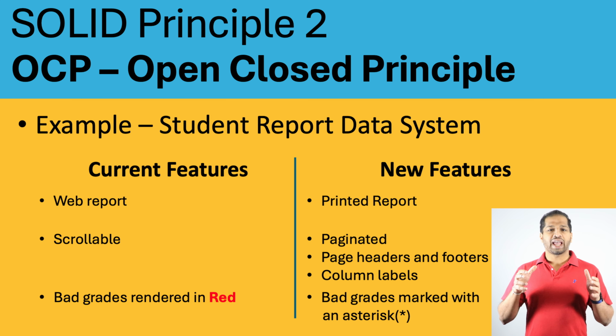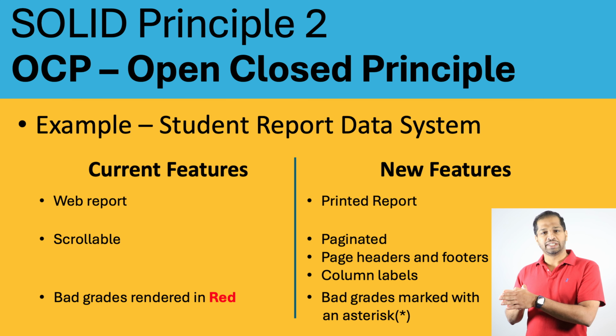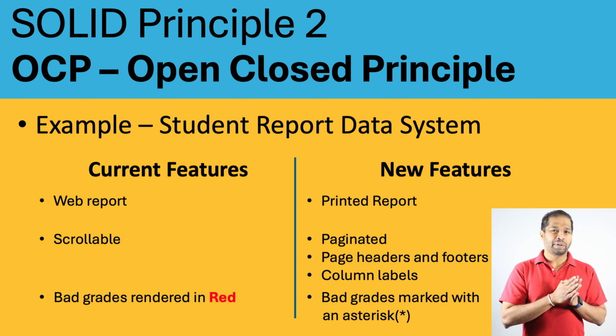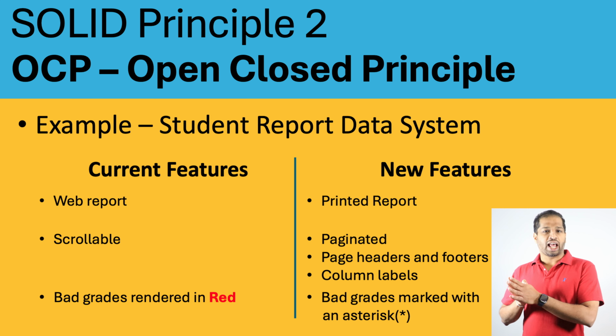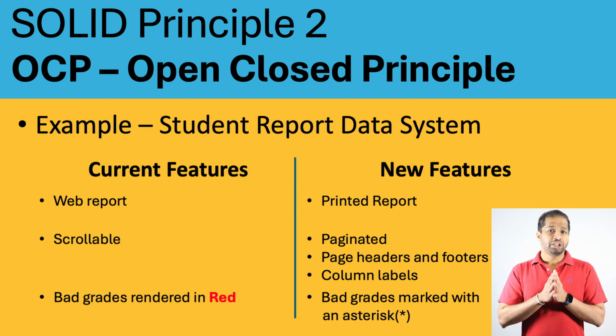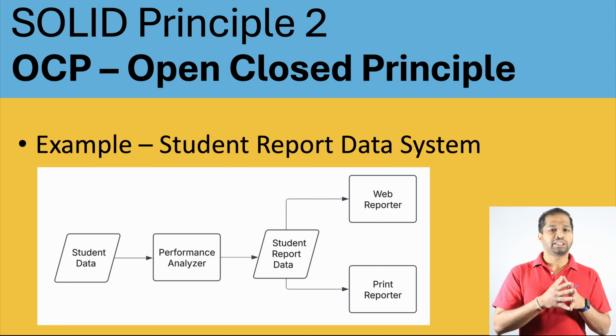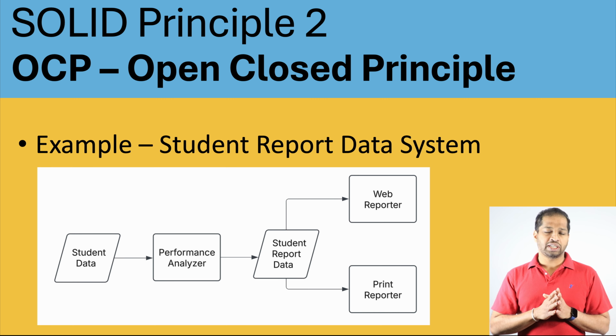We start by applying the Single Responsibility Principle or SRP. By separating the responsibilities of calculating the reported student data and presenting that data in different formats, we can create a data flow view with an analysis procedure and two reporter processes.